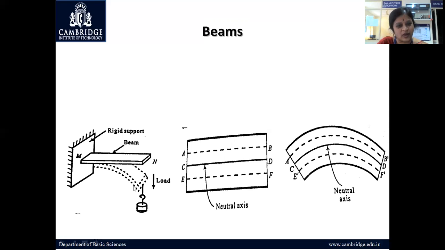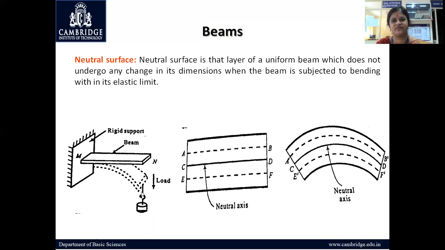get strained. Now in these layers, one layer will be there whose dimension will not change upon applying the load. That layer is called the neutral surface. So the neutral surface is that layer of a uniform beam which does not undergo any change in its dimension when the beam is subjected to bending within the elastic limit.